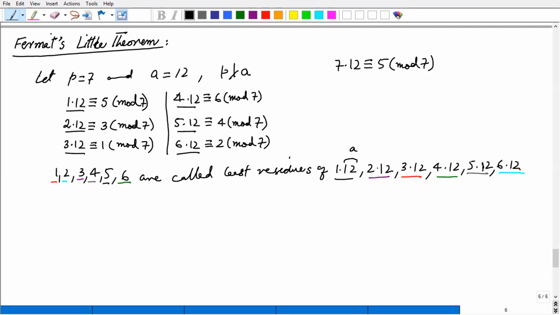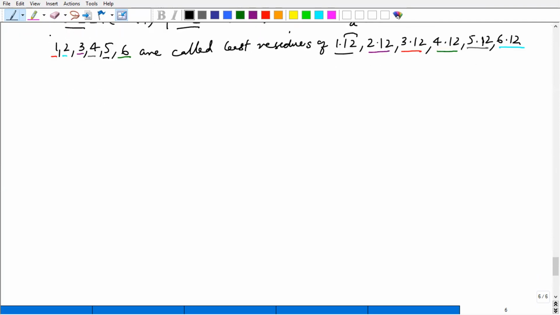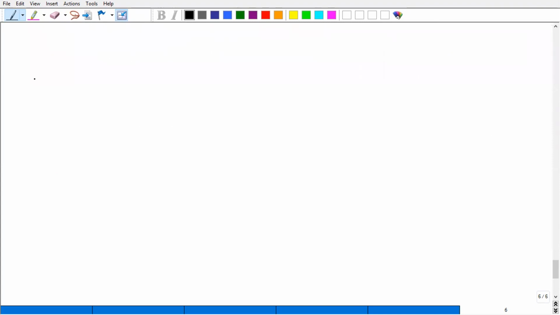So there is a lemma. We are not going into the proof of the lemma, but the statement is very important to prove Fermat's little theorem. Let me call it lemma 1.